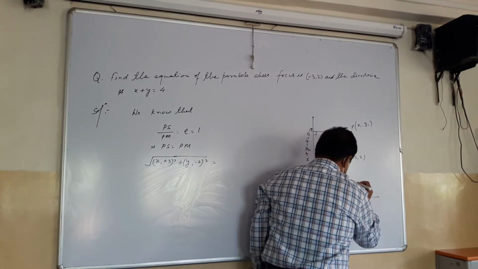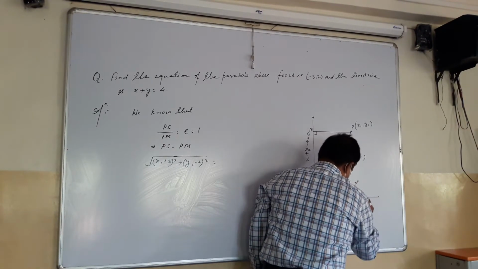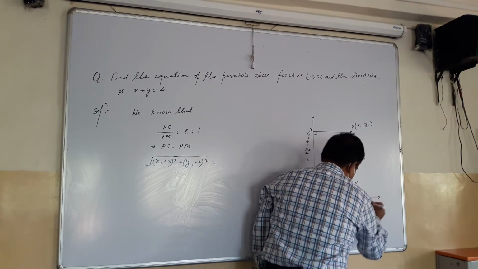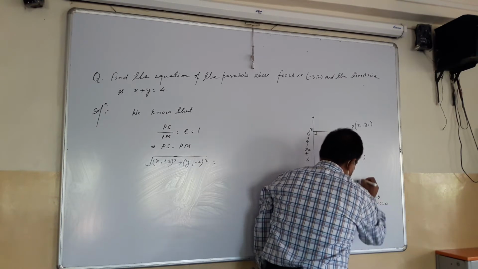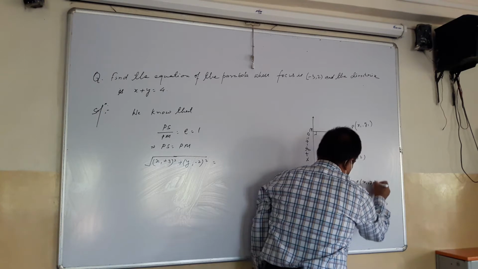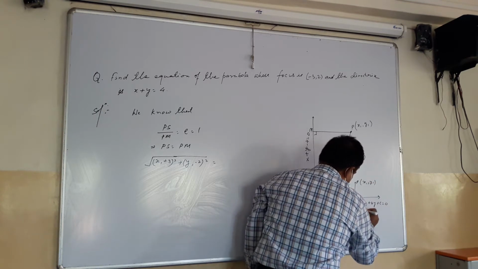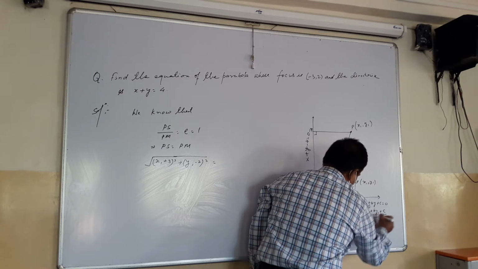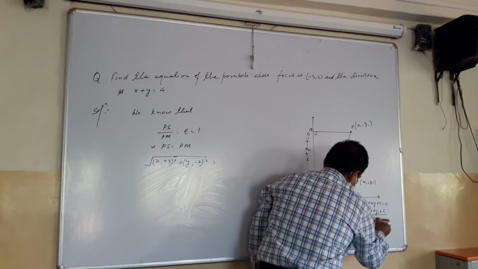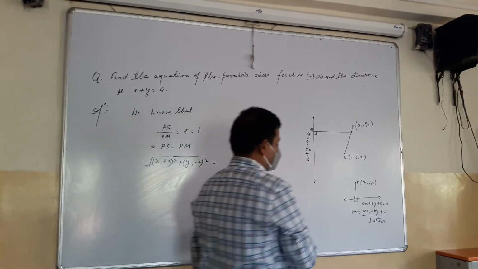If P is the point (x1, y1) and PM is the perpendicular to the line Ax + By + C = 0, then PM equals the absolute value of Ax1 + By1 + C divided by the square root of A square plus B square.